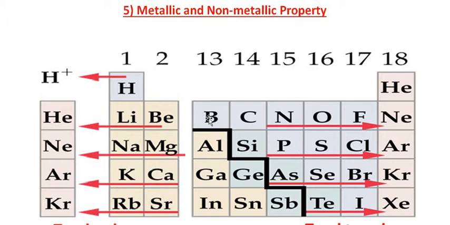Metalloids contain boron, carbon, silicon, germanium, antimony. These elements are in blue here. These are metalloids. These are non-metals.